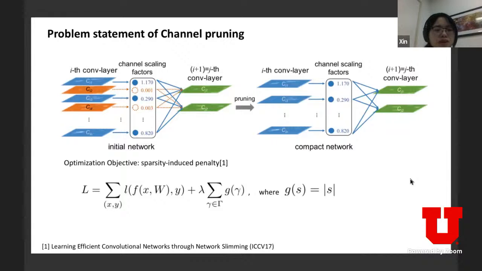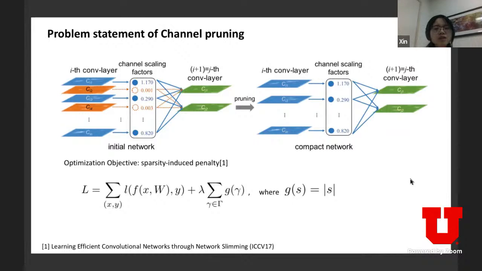Here we need to notice that when we don't have the scaling factor, we get C_j1 and C_j2 from the C_in. With the scaling factor, we need to multiply the scaling factor to the C_in and then get C_j1 and C_j2.